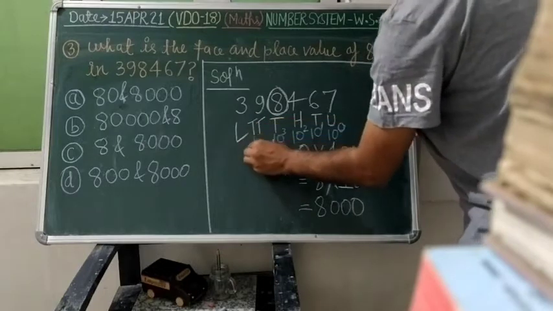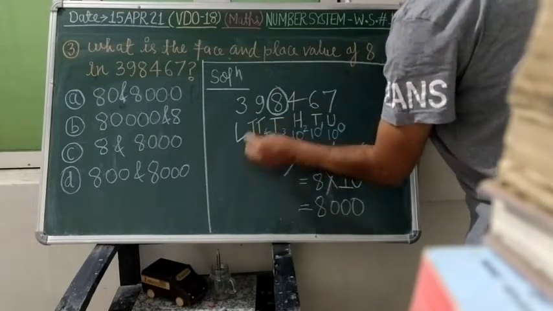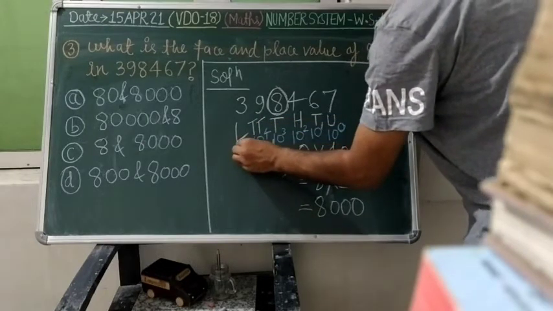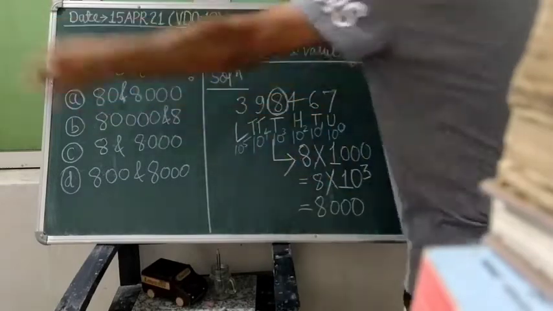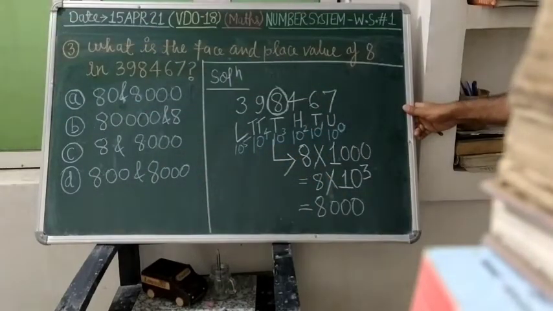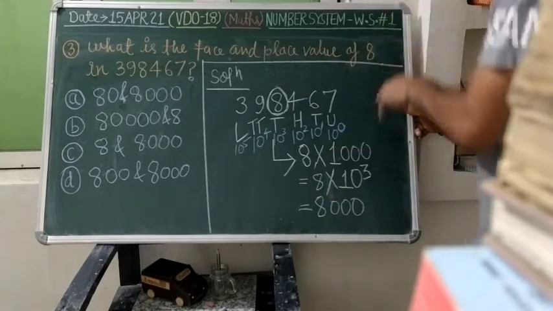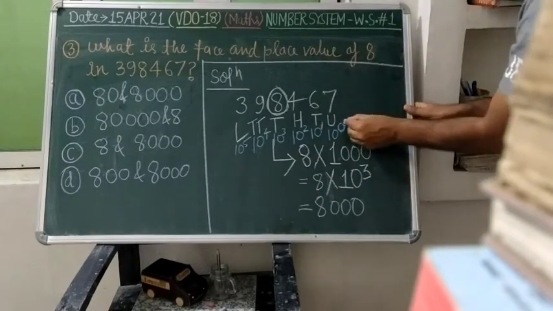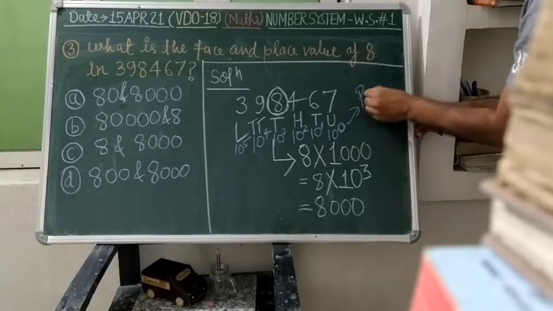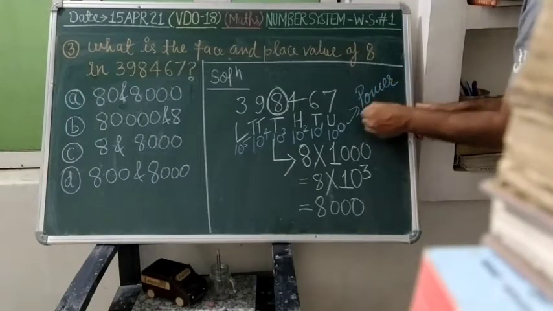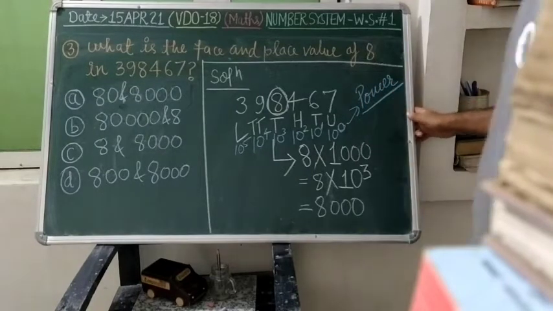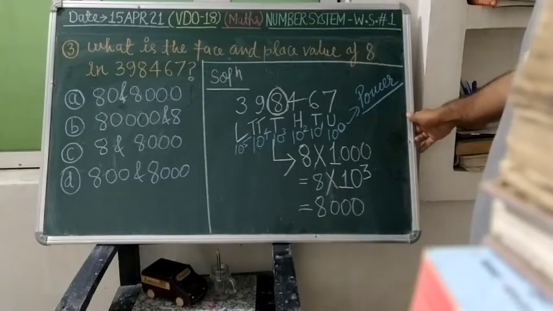At the ten thousands place there will be 10 to the power 4. Here it will be 10 to the power 5, and it will go on like this. So a number written on the top of a number is said to be its power. The way of reading and learning it I told you in the previous video.